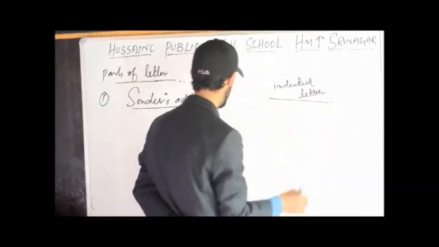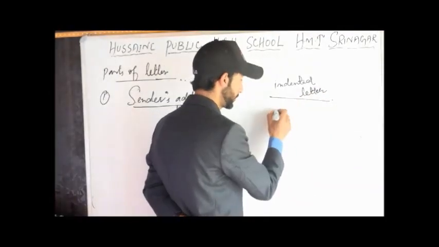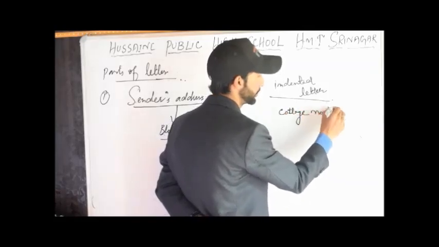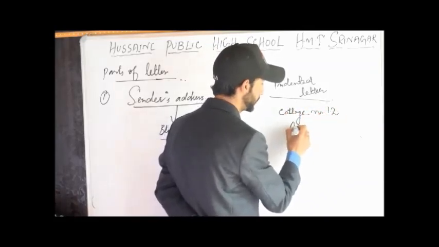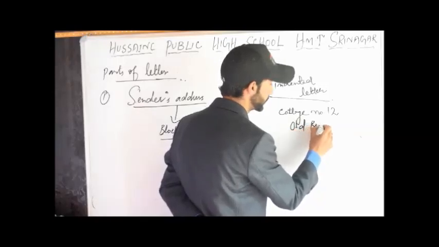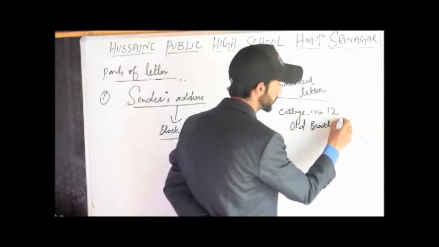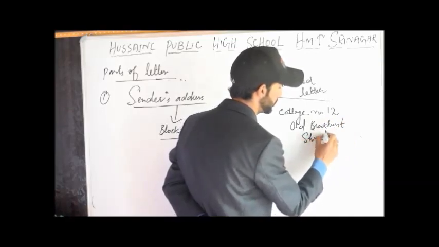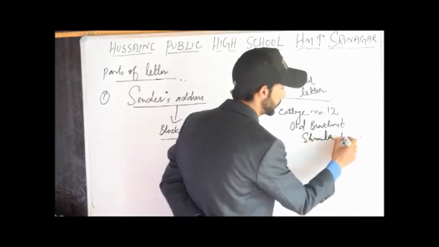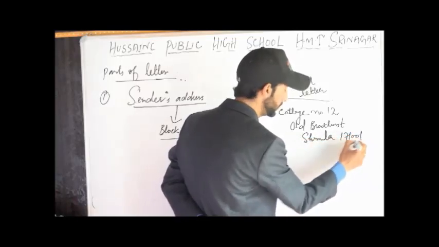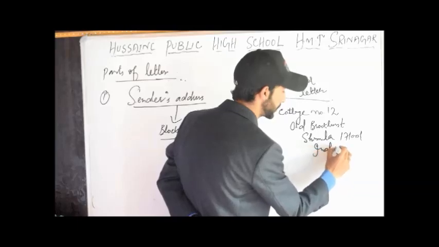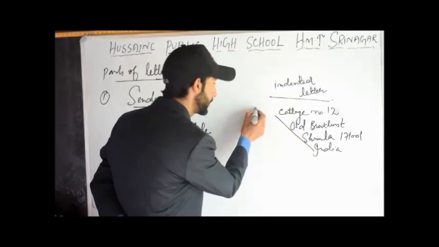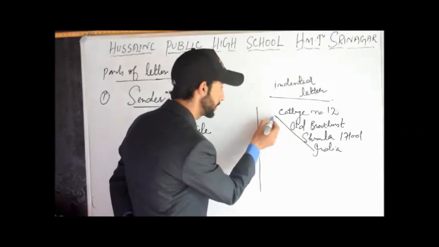What's an indented letter? I will write an example for you here: house number 12, brackets, Shimla, this is the pin number. Shimla is in India, so this is an indented letter.